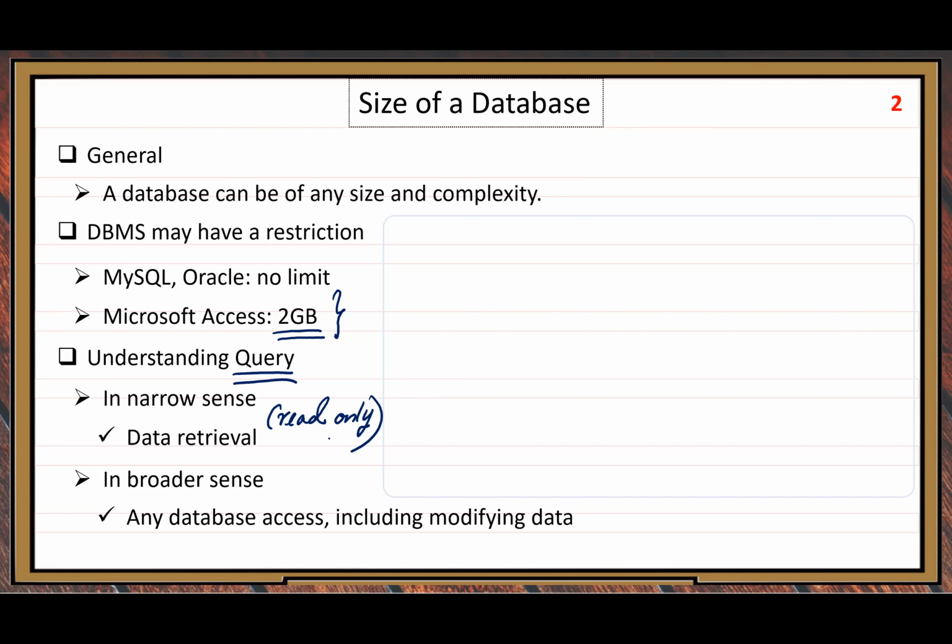Any operation on data, we can use query to refer to it. Okay, so that's the broader sense. So when you read database text, sometimes you may have the first meaning, sometimes the second meaning.